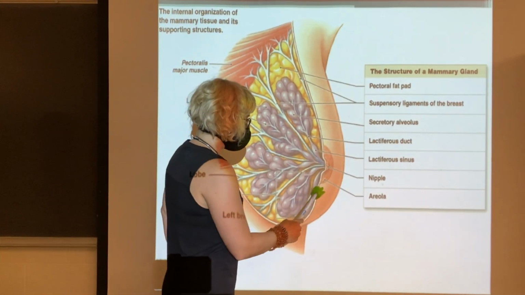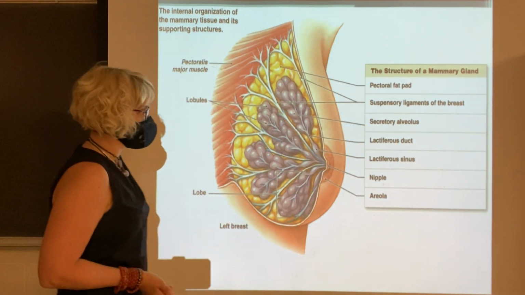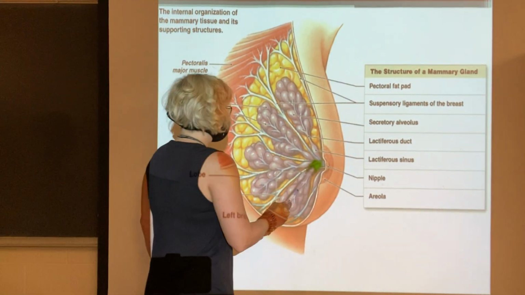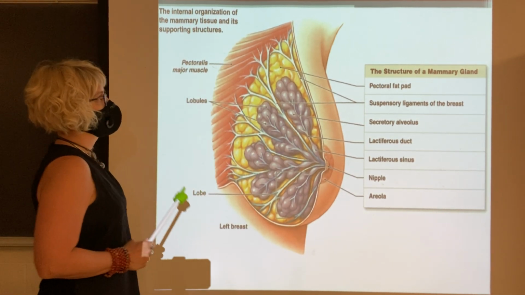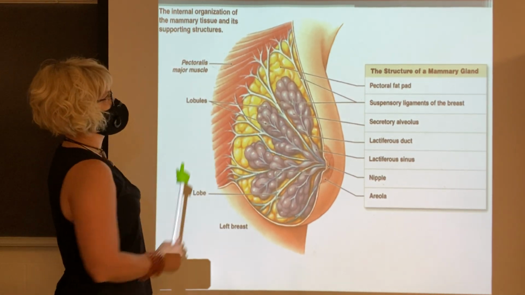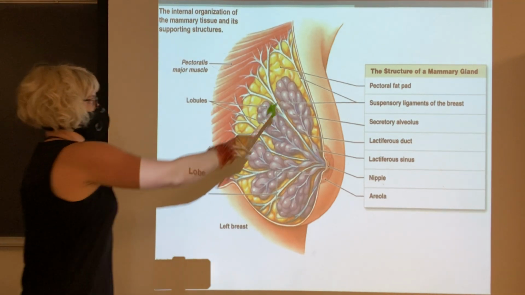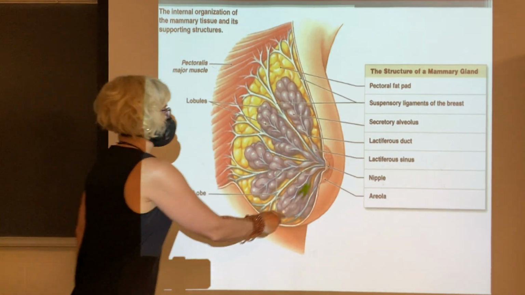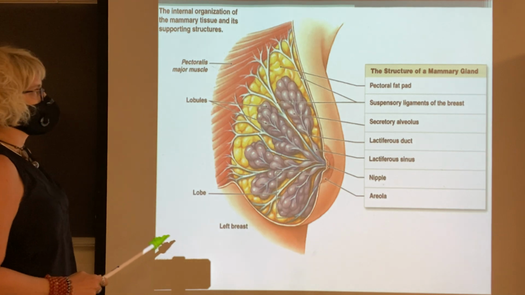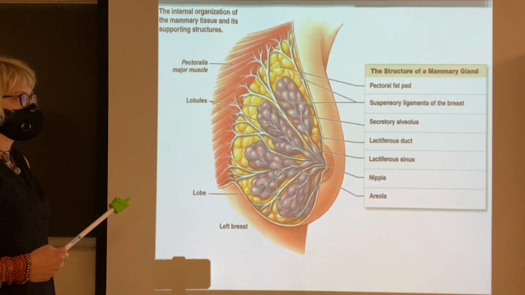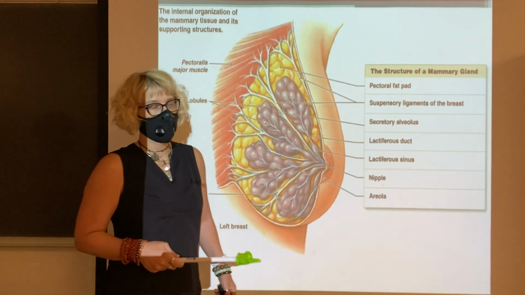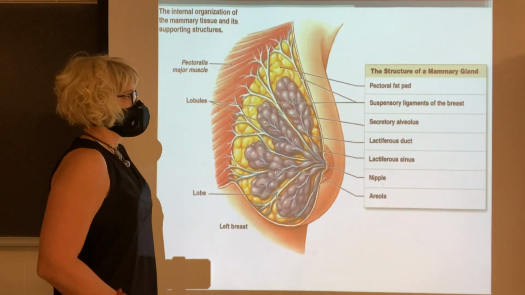And the male and female both have the areola, male and female both have the nipple, but the difference between the male and the female is that the females will have these lobules, and surrounding the area is fat, and we have hormones that cause the production of milk, which we went over our last session.